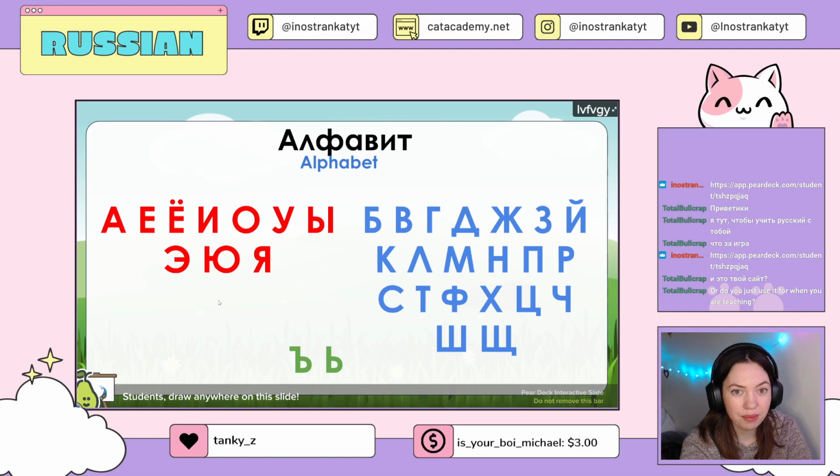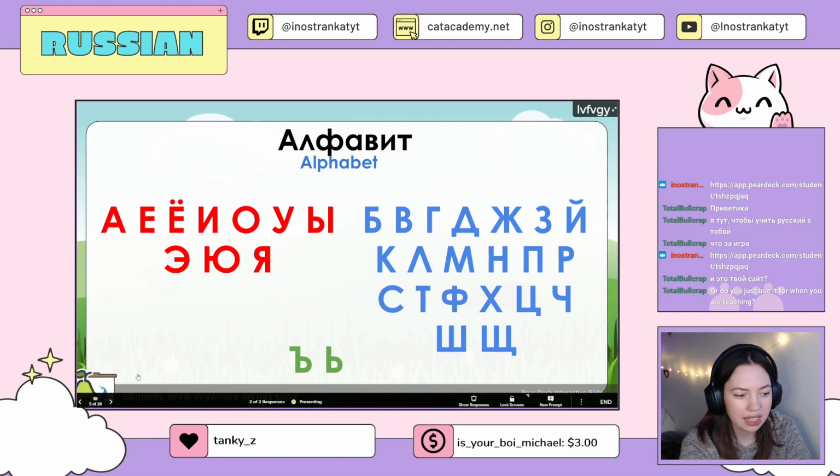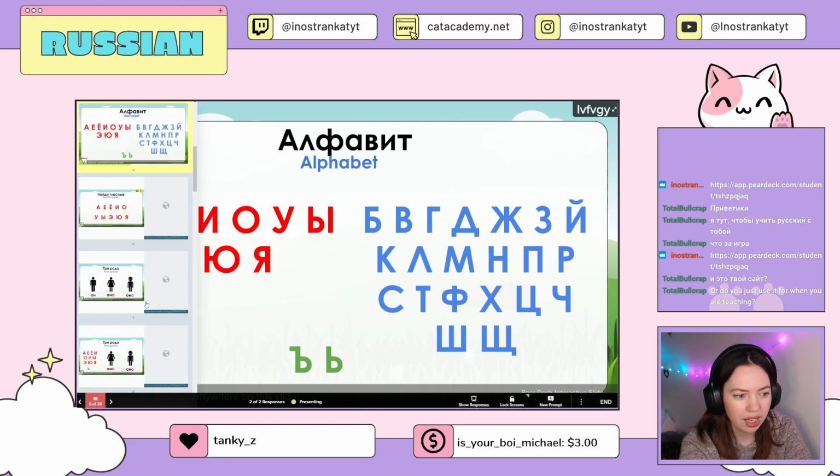I make my own games for each of the lessons. So we have so many letters, and it's not very easy to remember which are vowels and which are consonants. So it's easier to remember only one group. So these red ones, they are vowels. Okay.